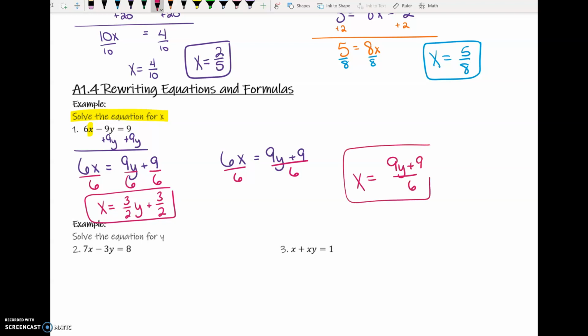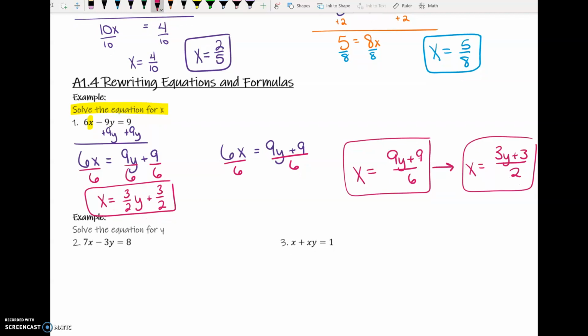The only problem is that's not simplified, and some math teachers would say that you could factor 3 out of all 3 of those terms to make your final answer 3y plus 3 over 2. That's just kind of a picky thing, but that's why I prefer to divide both things by 6 so that it just works out nicer.